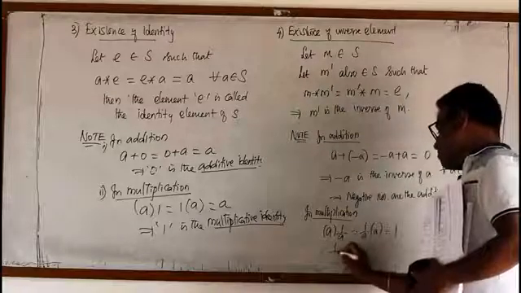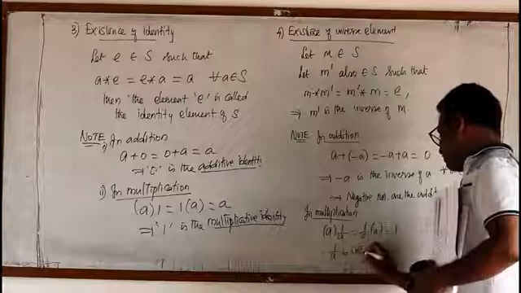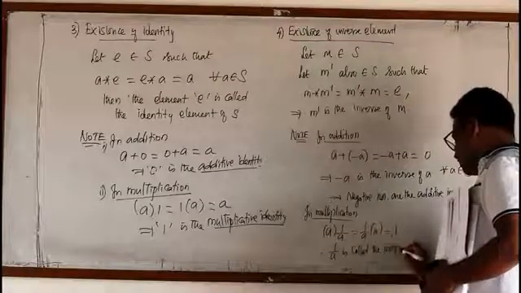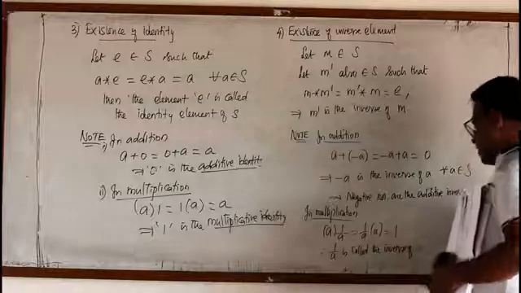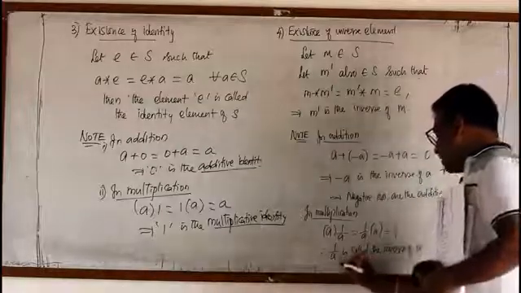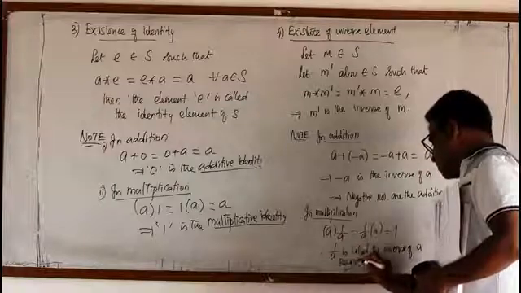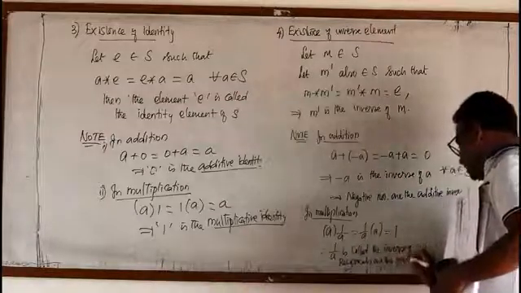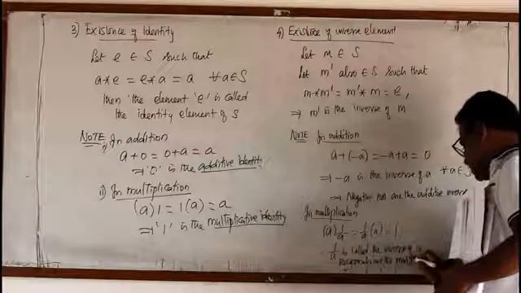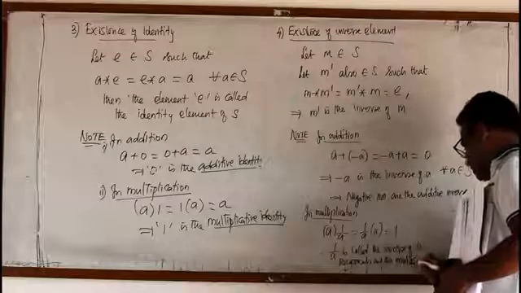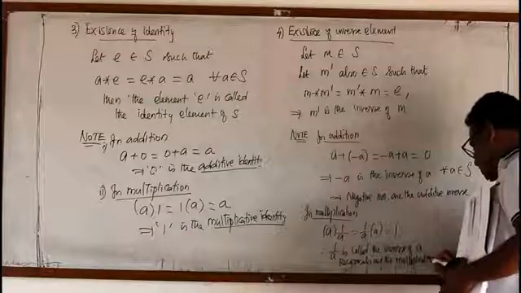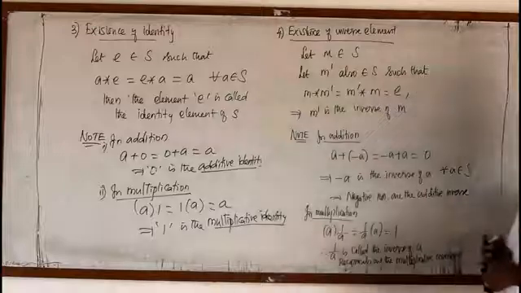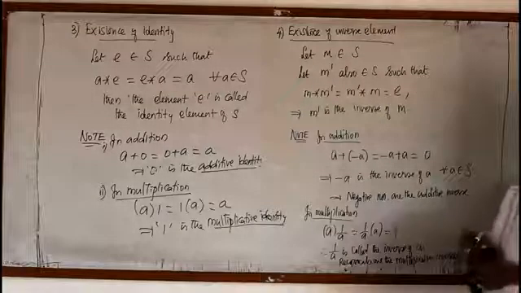Therefore, 1 by A is called the inverse of A. So we say reciprocals are the multiplicative inverses. So these are some glimpses on the identity and also the inverse.